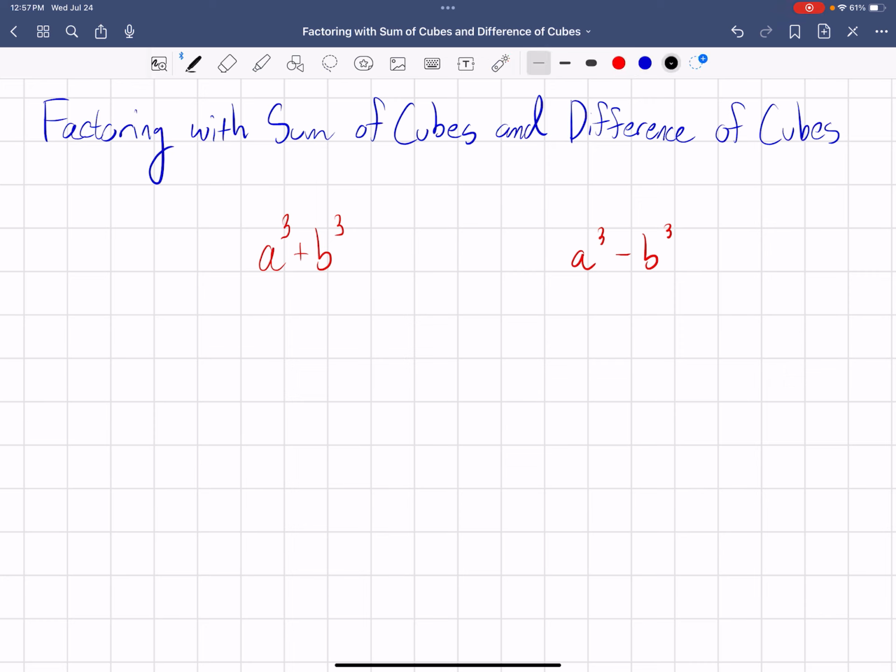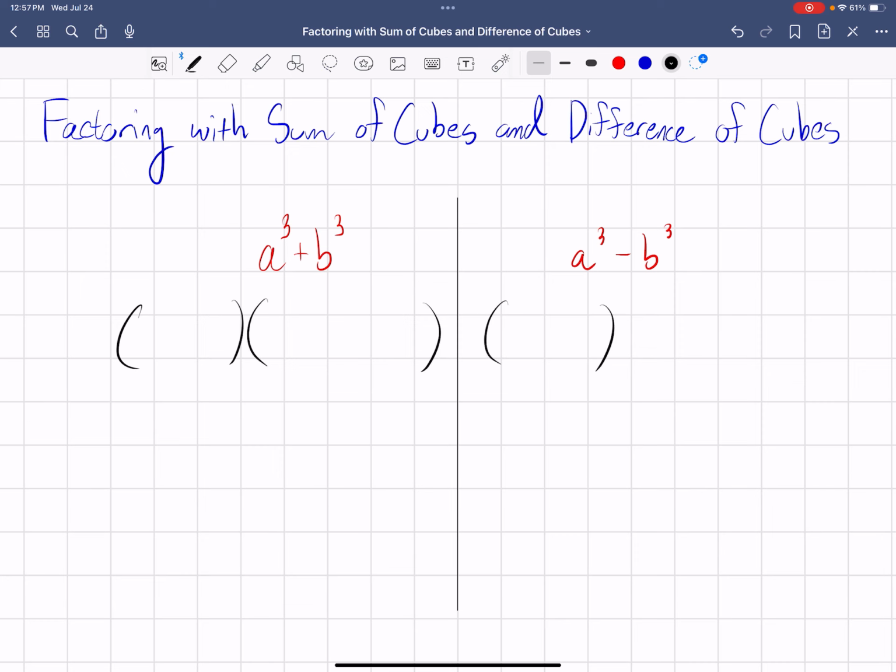So first, I'll just show you the formulas. Now, I like to do the formulas at the same time because they're very similar. So I'll split up the screen left and right and show you them both at the same time. So both the sum of cubes and difference of cubes formulas kind of look the same. You have a smaller factor and a larger factor.